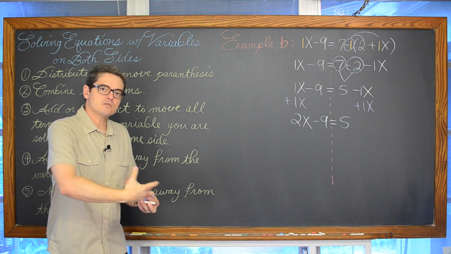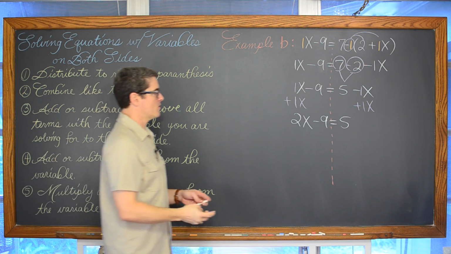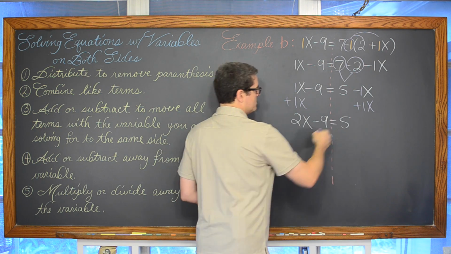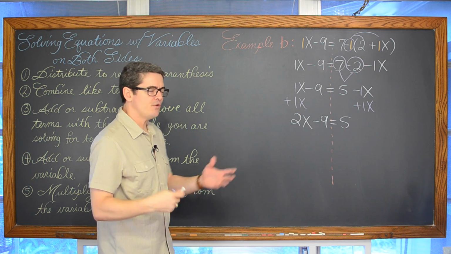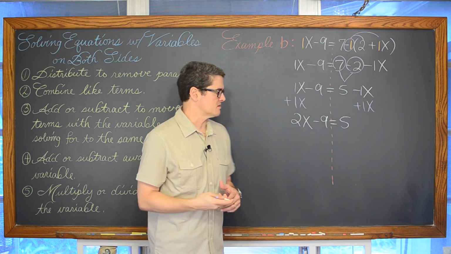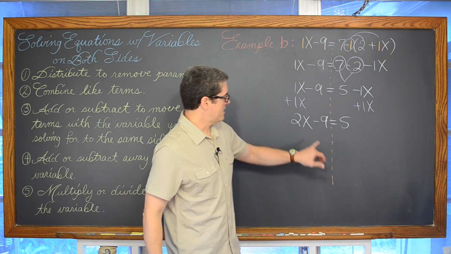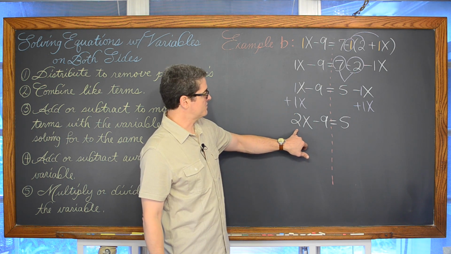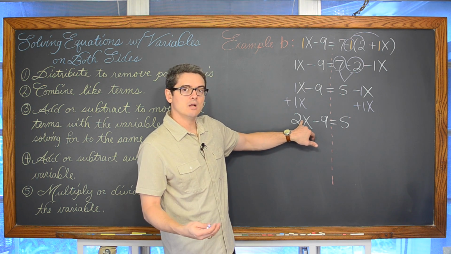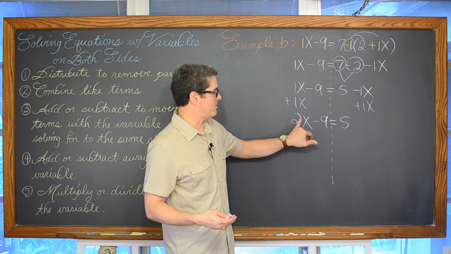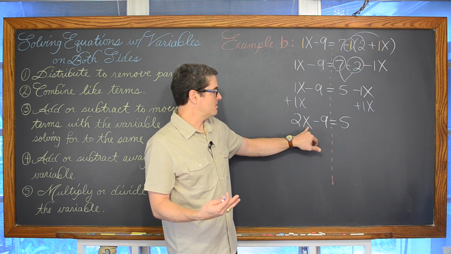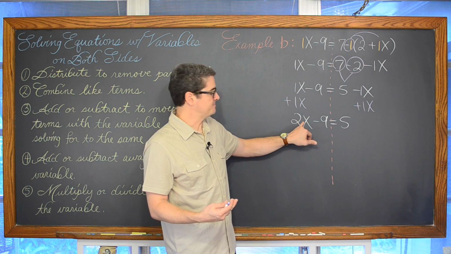And now we're getting into reviewing those two-step equations. We're going to do the inverse math operation to move the 9 over to the right. And if you haven't been watching all of my lessons, the reason why I don't want to try and get rid of the 2, the coefficient of 2 that's in front of the x, is that 2 is attached with or combined with the x through the math operation of multiplication.